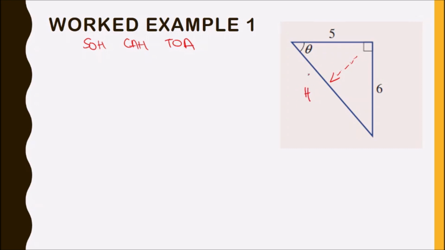Next to the angle is the adjacent, and opposite the angle is the opposite, okay? You don't need to do the arrows, I'm just showing you, so I'll just write it out for you. Hypotenuse, there we are, okay?